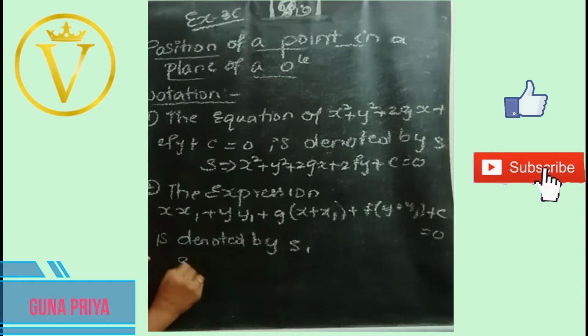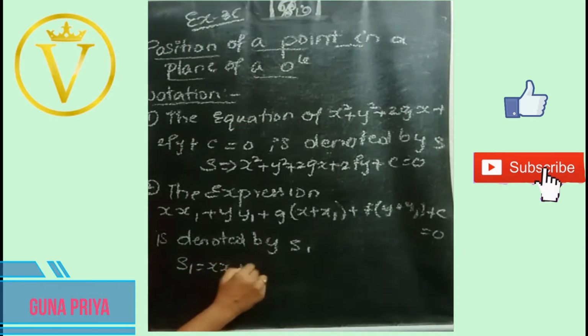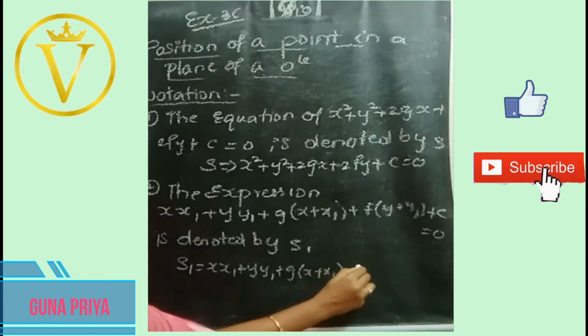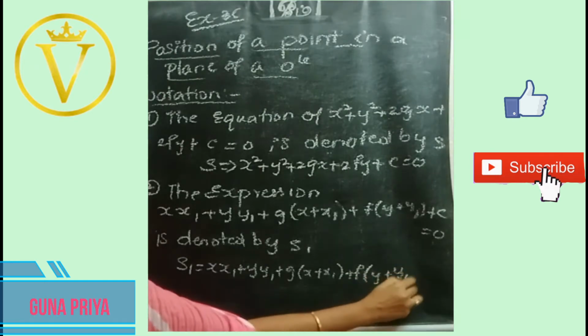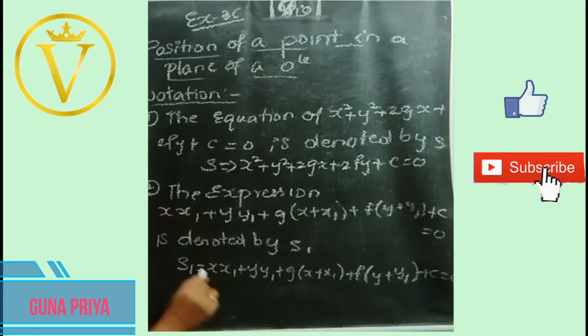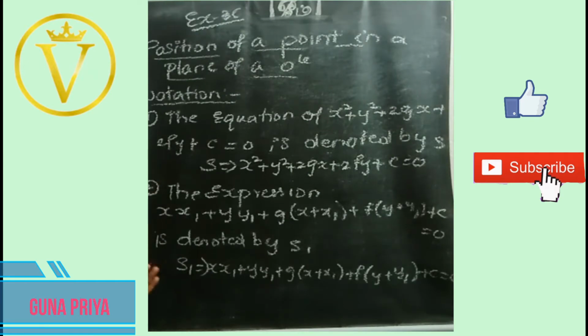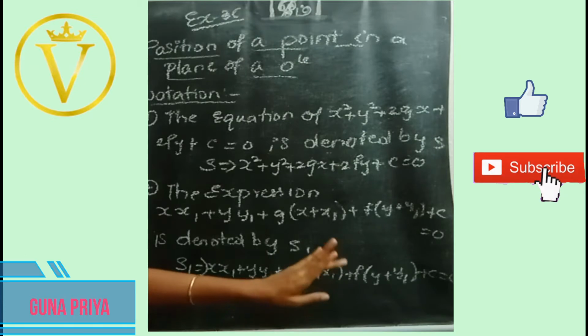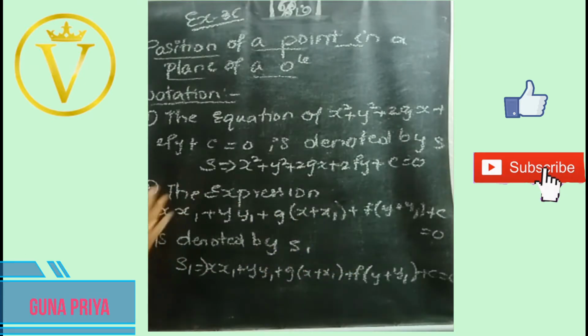So here S1 equals x1 x plus y1 y plus g into x plus x1 plus f into y plus y1 plus c equals to 0. Don't confuse between these two expressions. Here S is for the circle equation. For S1, that means the position of a point, S1 is x1 x plus y1 y plus g of x plus x1 plus f into y plus y1 plus c. This is S and S1.